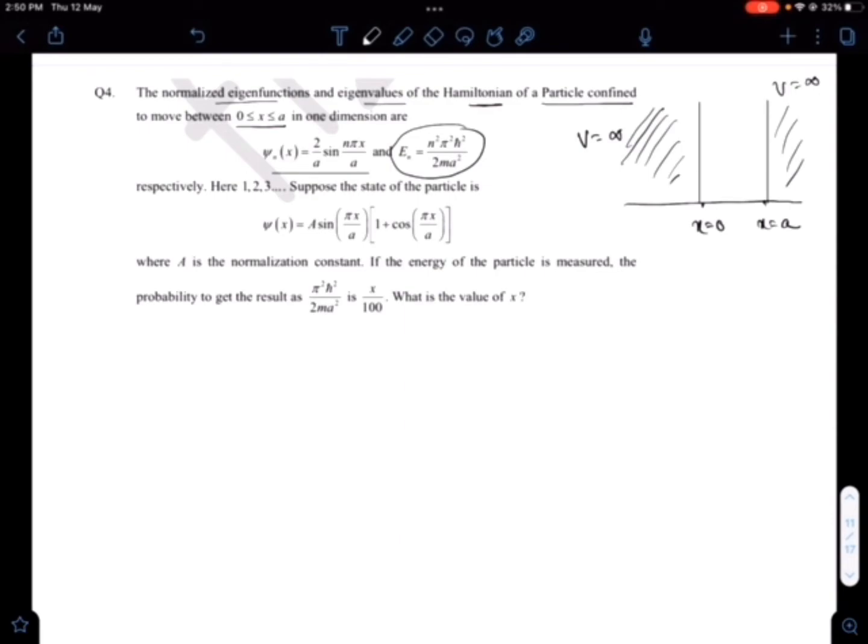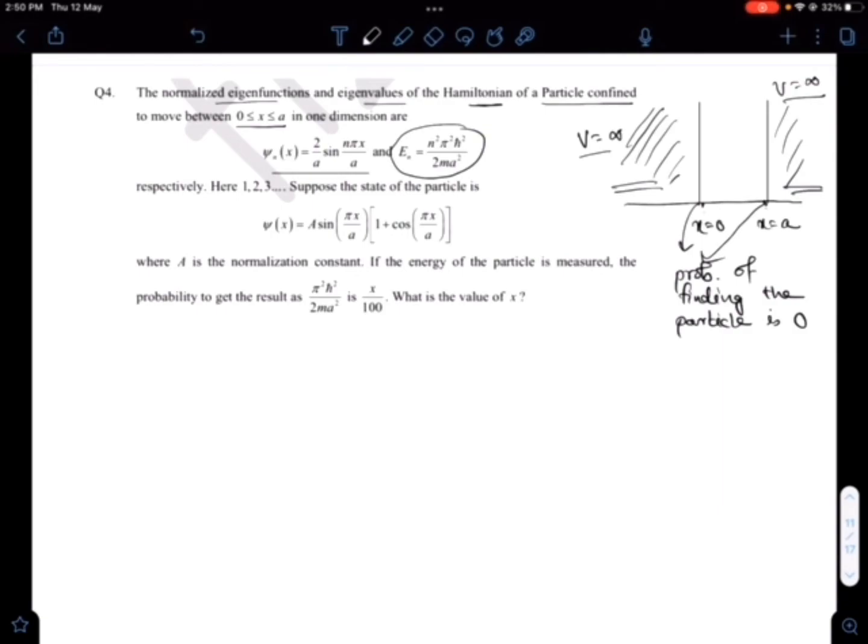But for an infinite potential well, there is no probability of tunneling. So the probability of finding the particle at x equal to 0 and at x equal to a is 0. Same for this region and this region. So the particle can only travel in the region x equal to 0 to a.